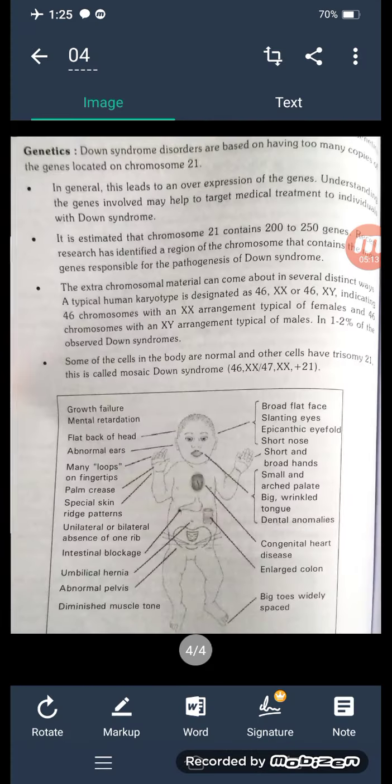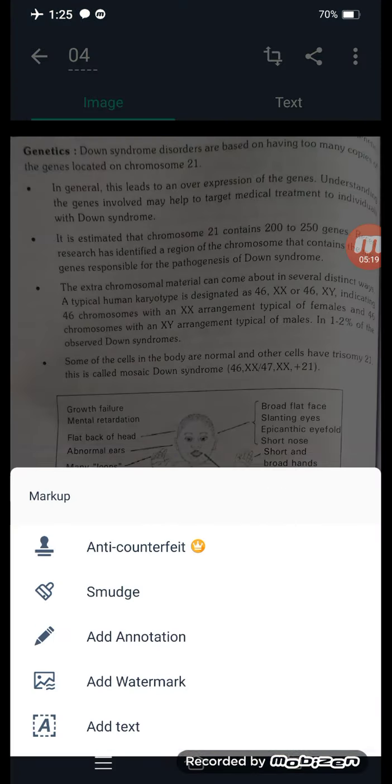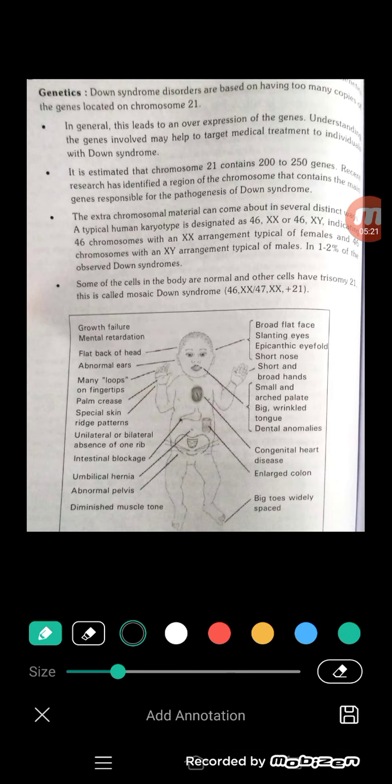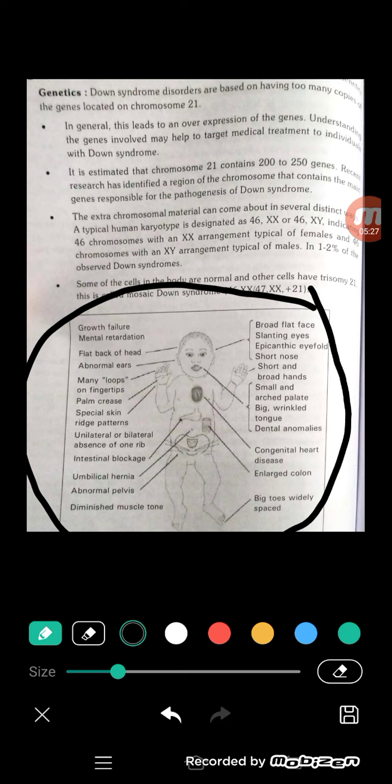The changes in the body include growth failure, a flat back of the head, abnormal ears, loops of fingers, and special skin ridge patterns. Also a broad and flat face, short and broad hands, and small and big wrinkles. These characteristics are present in the body.